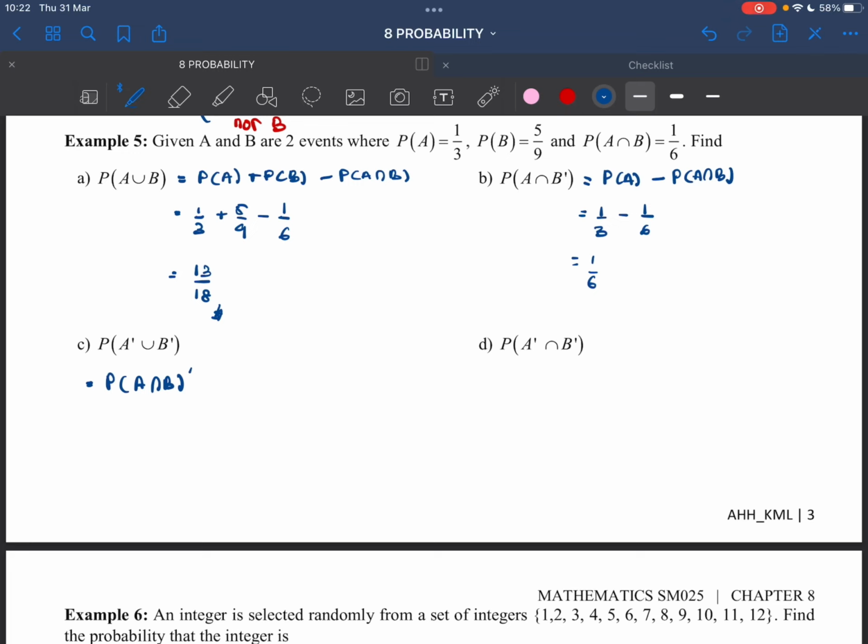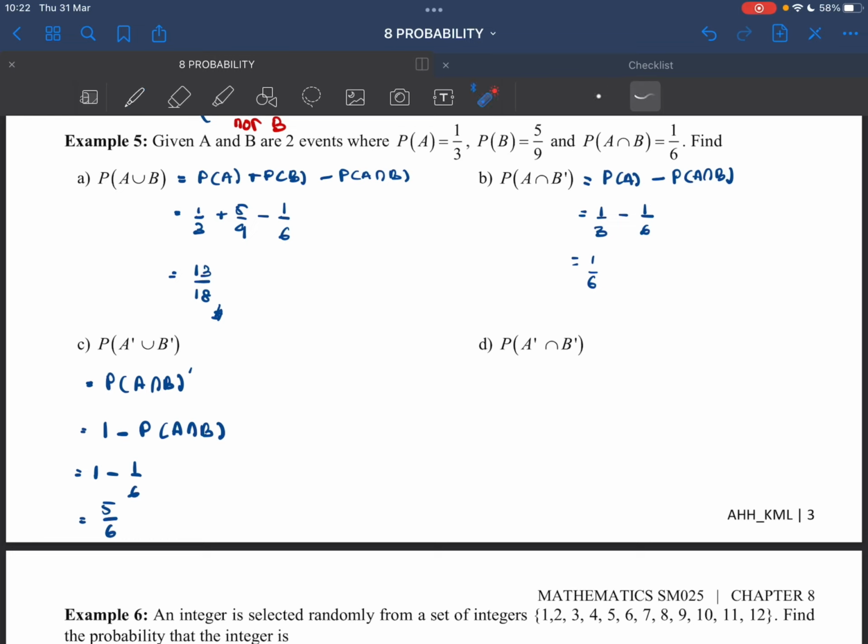So you know that for P(A intersect B) prime, we don't want all of this, so what you are going to do is 1 minus P(A intersect B). So we have 1 minus 1 over 6, which gives 5 over 6. Same thing here.